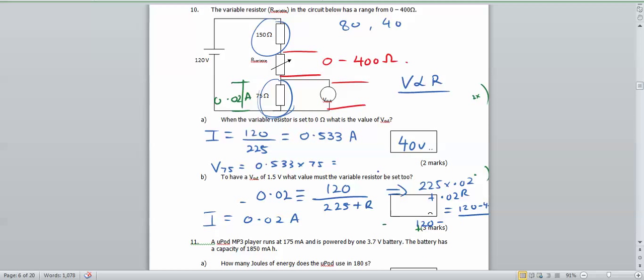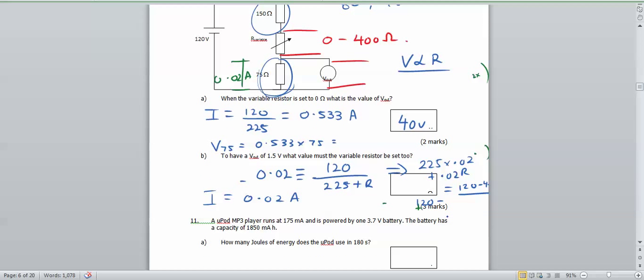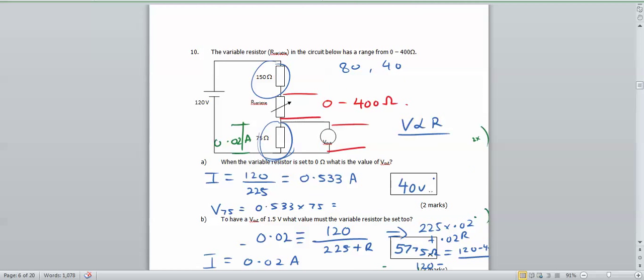Don't know what I've done there. So 0 to 400 ohms, I've got 5,775 ohms, which clearly can't be right, so I've done something wrong in here.